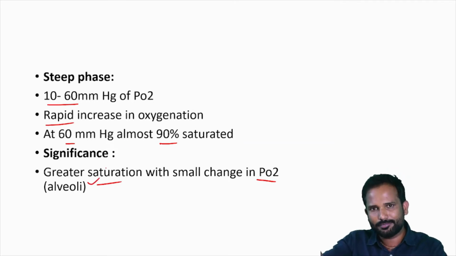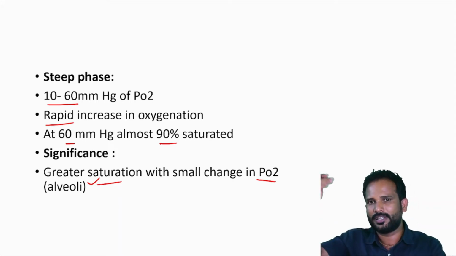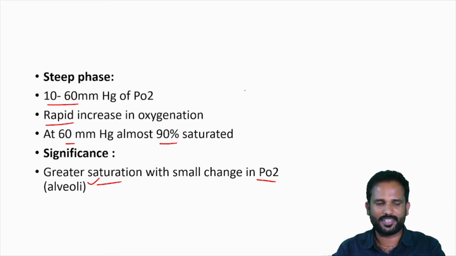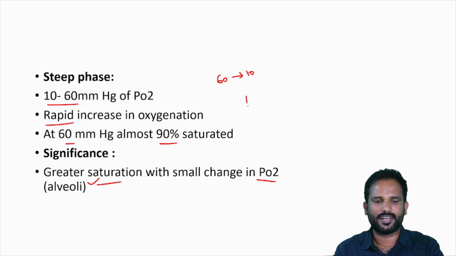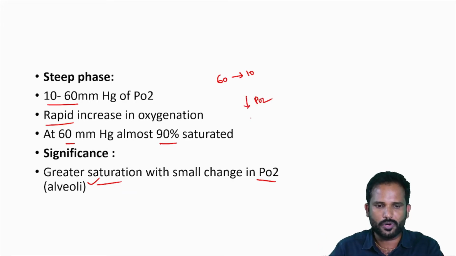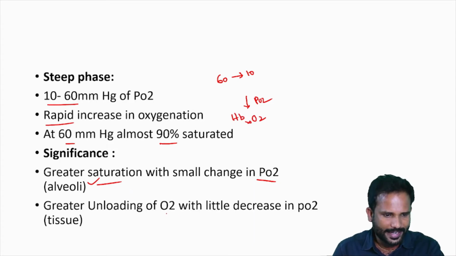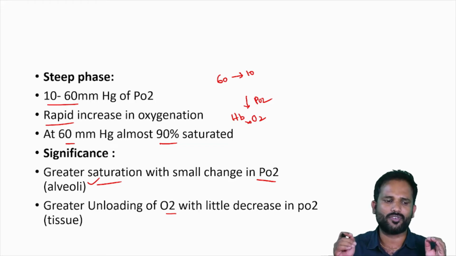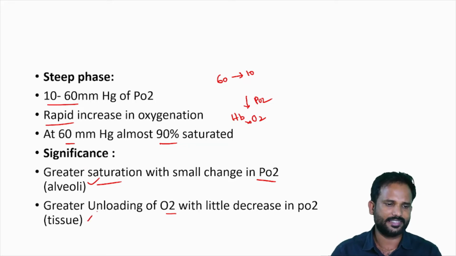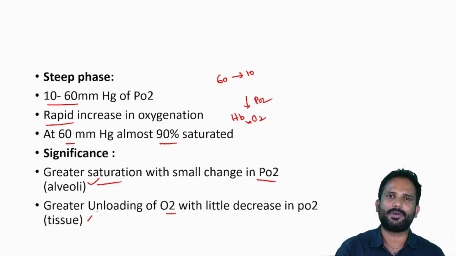And if we come back from high pressure to low pressure, let's think that we are coming from 60 to 10 back. So we are now talking about desaturation, and let us think that at the tissue level PO2 is low. Now the hemoglobin has to release that oxygen. So greater unloading of oxygen occurs with little change in partial pressure of oxygen, and that occurs at the tissue level. This is the benefit of the steep phase.